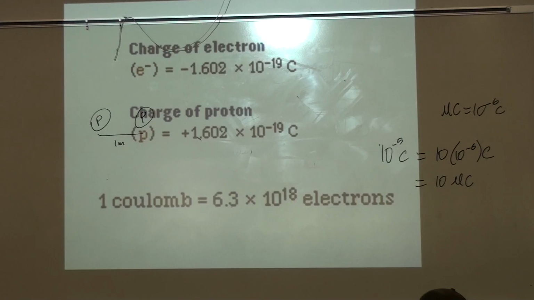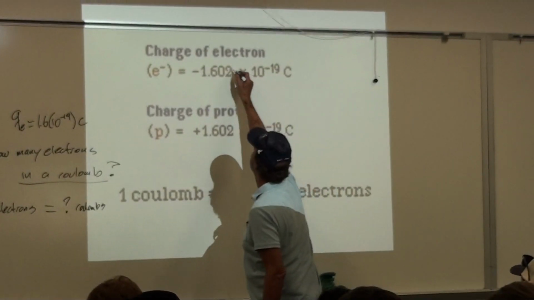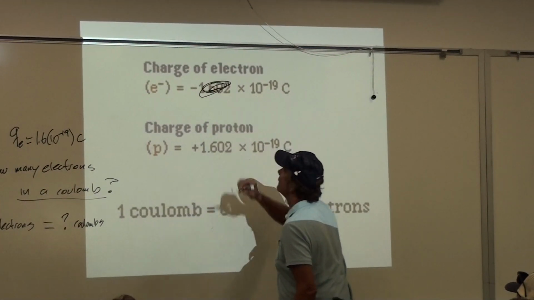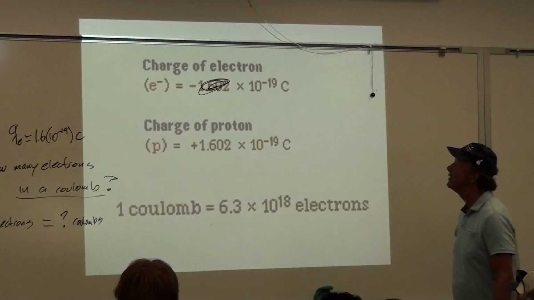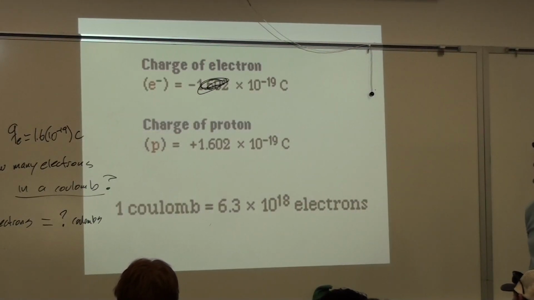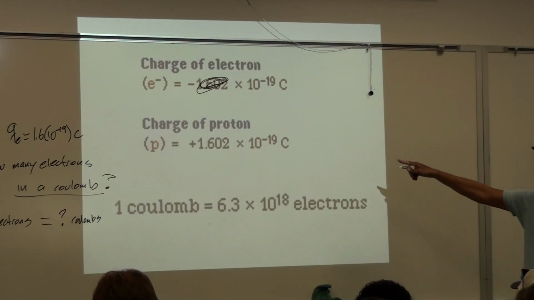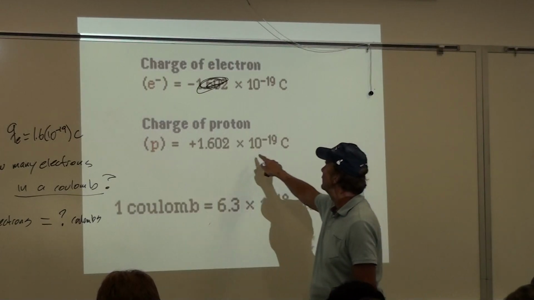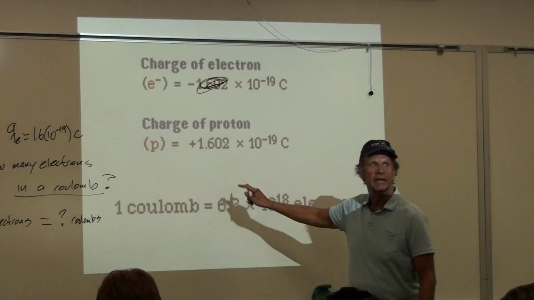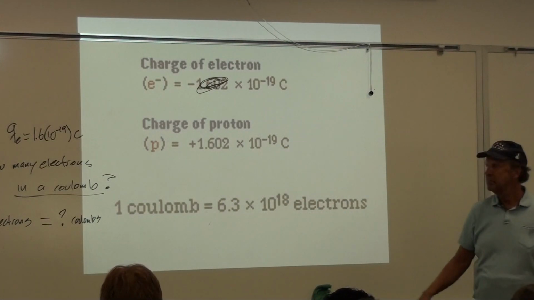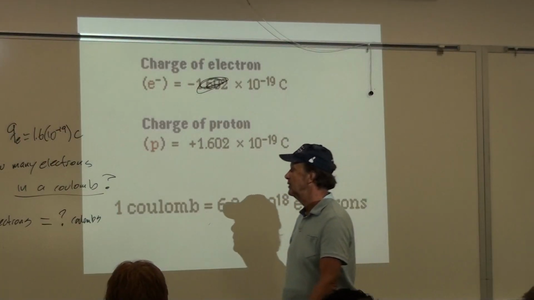Now, one way of thinking about this is, what if this were just 10 to the minus 19? Then how many electrons would be in a coulomb if that were the case? It would just be 10 to the 19, so it would be 1 over that. So it kind of makes sense that it's 1 over 1.6 times 10 to the minus 19, which seems reasonable.